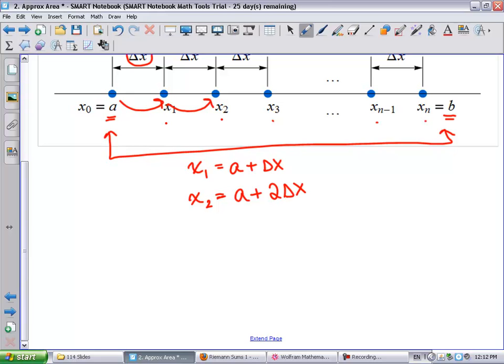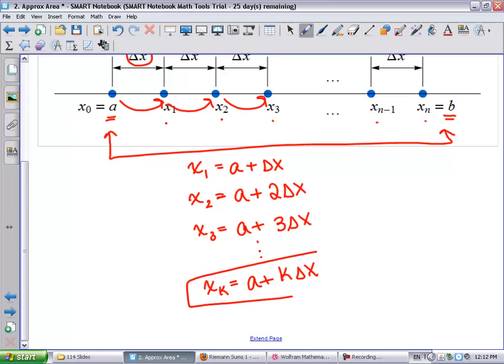You've moved over by 2. x sub 3 is always going to be a plus 1, 2, 3 delta x's. And so on. You can see the pattern. So x sub k, so rectangle number k, is always a plus k times delta x. So you can write out what all the grid points are using this formula. This is the grid point formula.